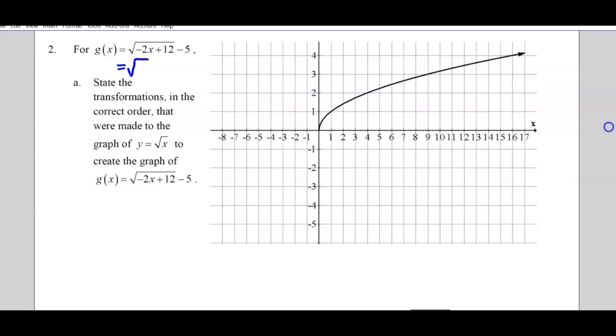Inside, there is a coefficient on x. So make sure you factor first. Now, if you don't factor, that's fine, but factor in your head, right? So that you know that it's a horizontal translation of 6, not 12 left.